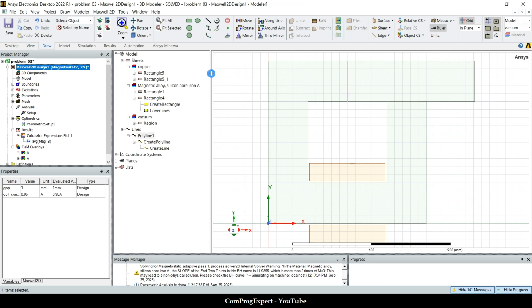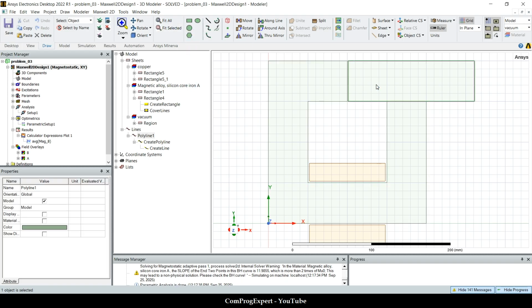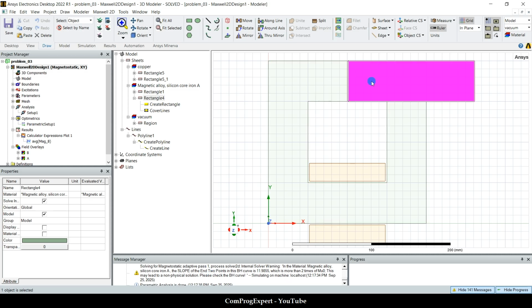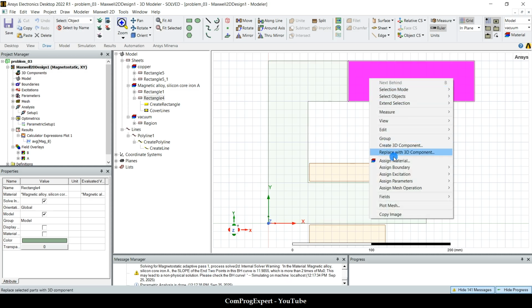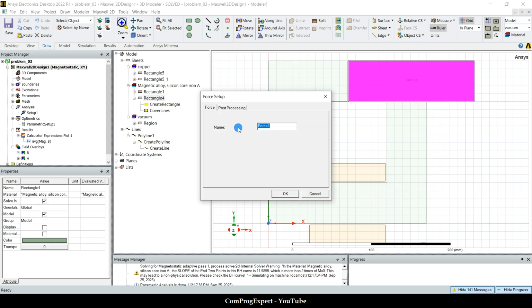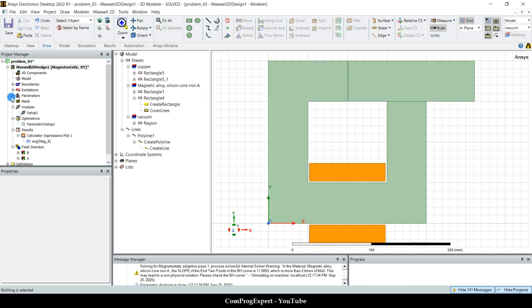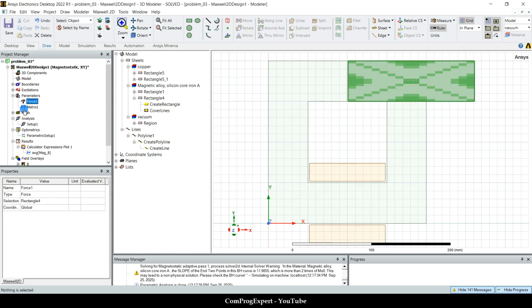Powerful ANSYS Maxwell software. So let's set the value of the coil current equal to 0.93, and I am going to calculate the force applied on this object. So we can assign a parameter force calculation. So here is the parameter that we defined.